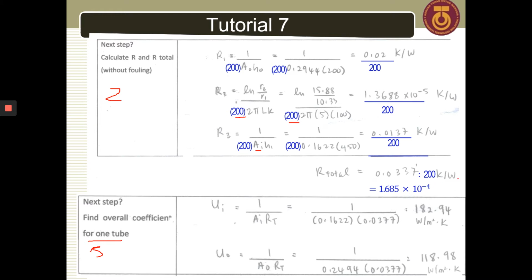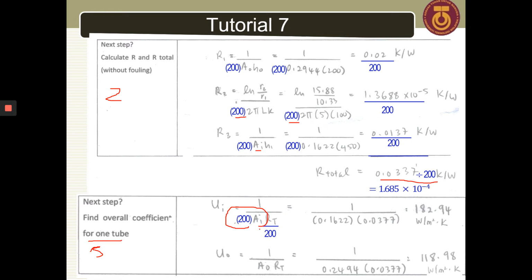Okay, so let's say you already considered the total resistance. For the overall coefficient, which is the U value, let's say you want to consider the overall area. That means here you multiply by 200. And if you want to consider the overall resistance, you need to divide it by 200.